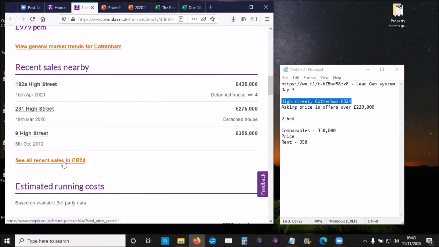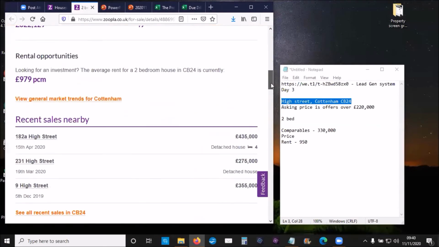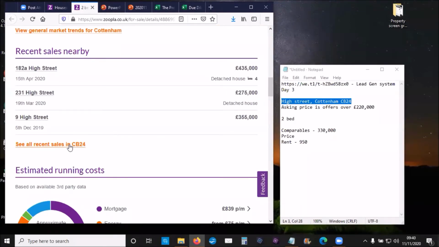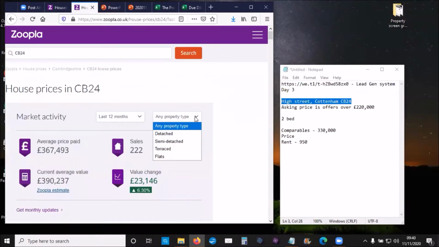So I'm going to click on recent sales in a second. Was this a detached property? It's a semi-detached house. See all recent sales. Any property type. I'm going to click on semi-detached.